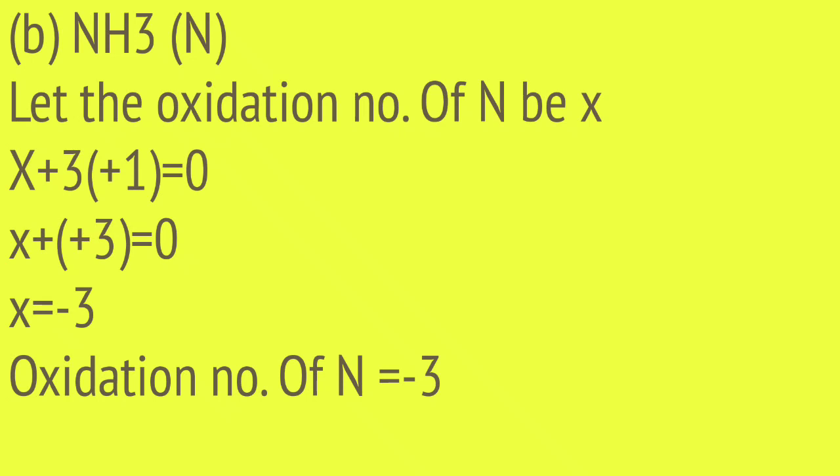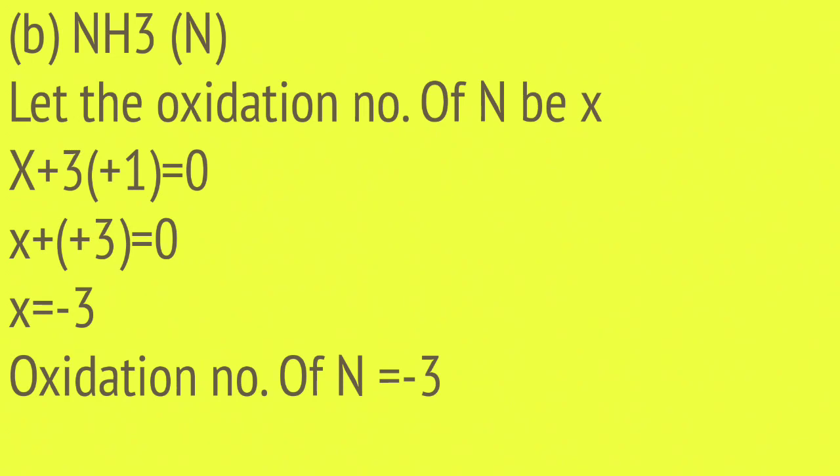From there, we work it out mathematically. X plus 3 should be equal to 0. Move 3 to the other side of the equal sign, it shall be -3. So the oxidation number of nitrogen in ammonia gas is equal to -3.